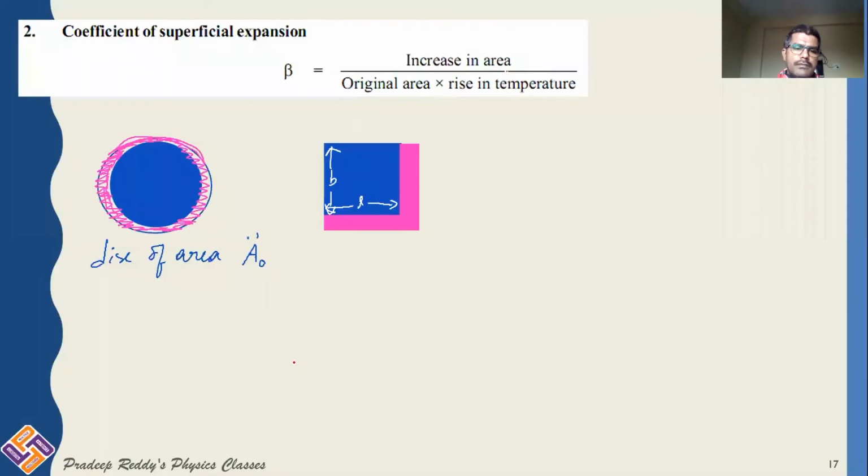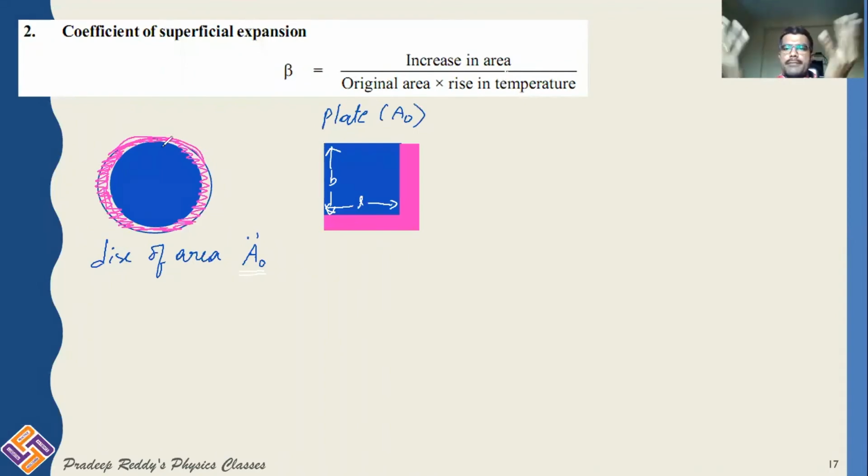Now you are taking a rod, a disc, and a plate. This is a disc of area A0. Likewise, you are taking a plate of area A0. Initial area is A0 here for the disc as well as the plate. When you are providing heat energy to the disc, the total diameter expands.